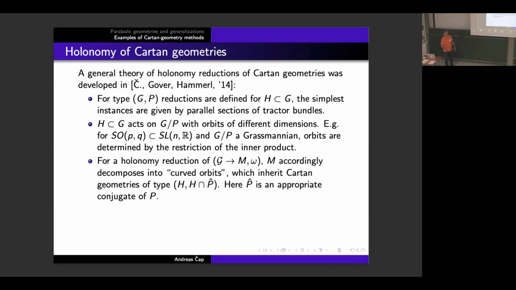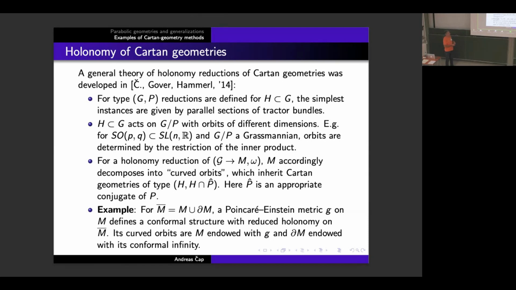Okay, now this looks weird, but if you look at the simplest possible example, which is related to conformal geometry and a parallel standard tractor, and I'm phrasing it in a specific situation. In general, it would work with hypersurfaces or something like that.